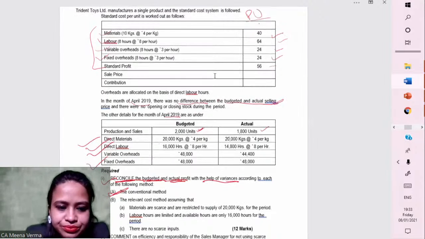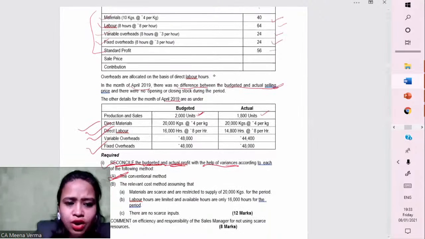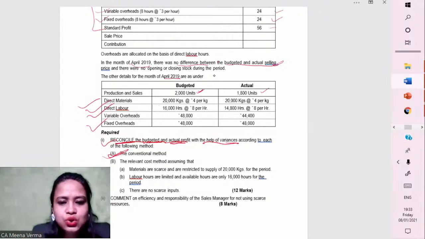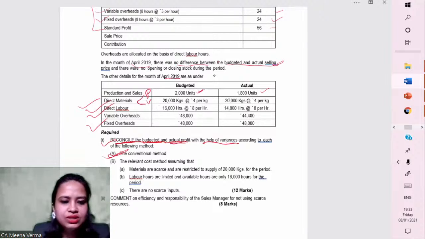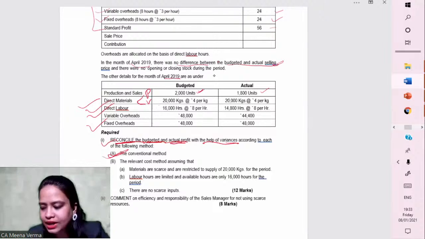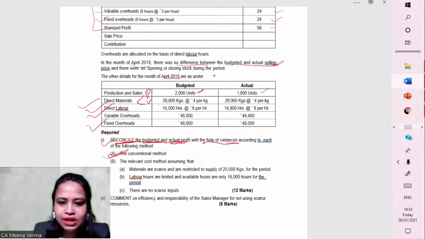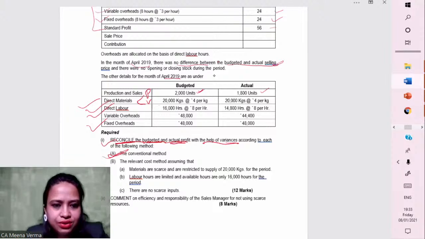Now, for finding the material cost variance, you have information with the help of which you can find both the price variance and volume variance. Direct material price variance, direct material volume variance. You can find both with the help of the information which we have here.